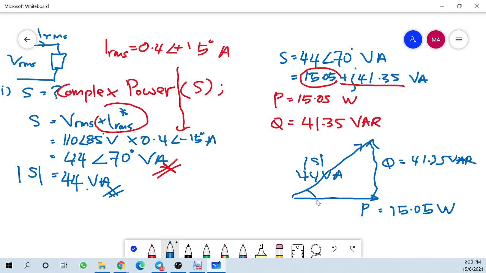So this is the angle of the power triangle, theta, equal to the theta of complex power, which is equal to 70 degree. This one is very important for you to understand how to draw the power triangle. This one we call a power triangle.